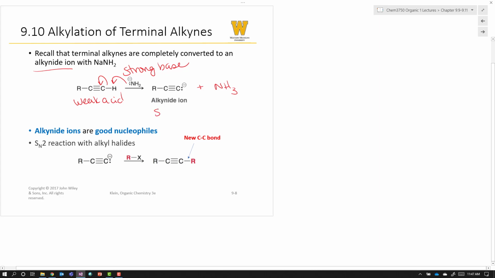The alkynide ion is a stable conjugate base. And we know that because with our ARIO rules, an sp carbon, so a triple bond carbon, has a lot of s character.